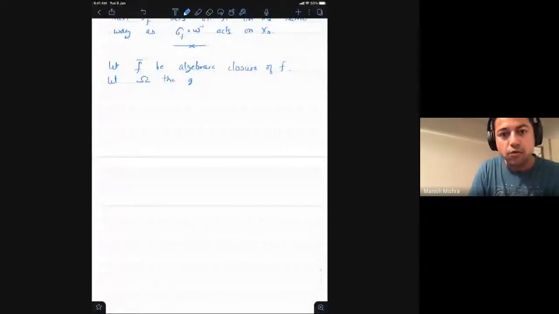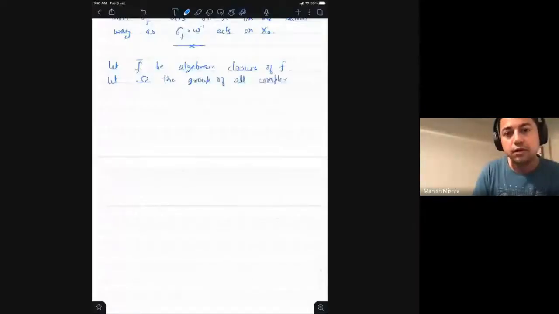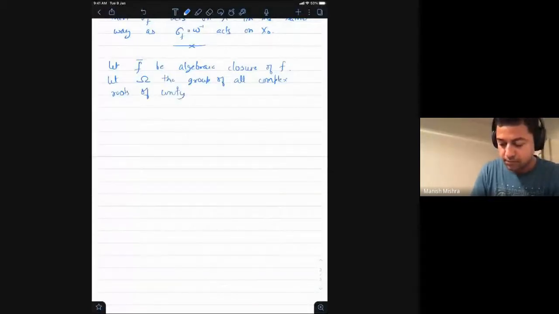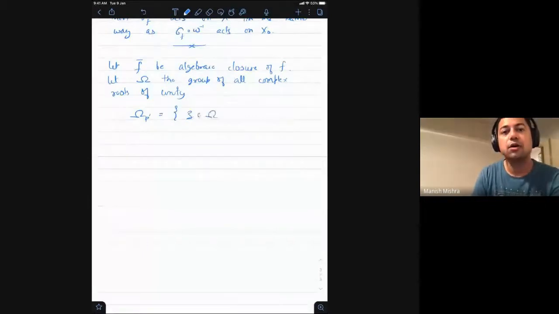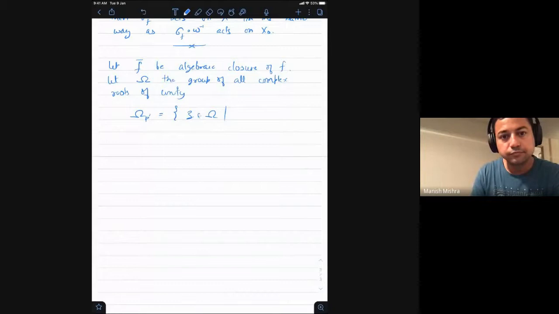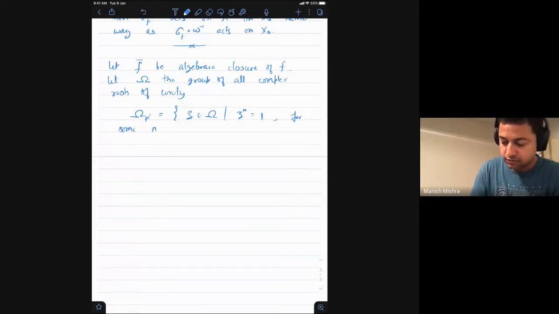So F bar we take to be the algebraic closure, and let omega be the pro-group of all complex roots of unity, and write omega p prime to be those roots of unity which become one for some n not divisible by p.